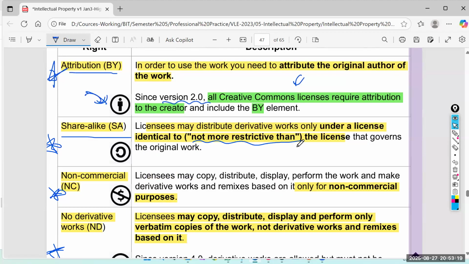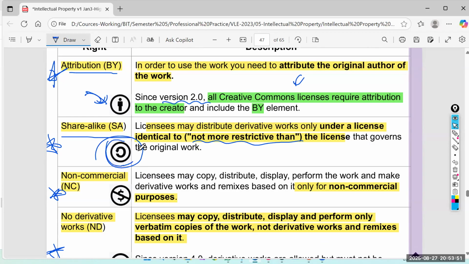If I have released it under a particular Creative Commons license, and it says share alike, or has this symbol, now you can't restrict it. You must also release it under my license because you took my code. That is called share alike.